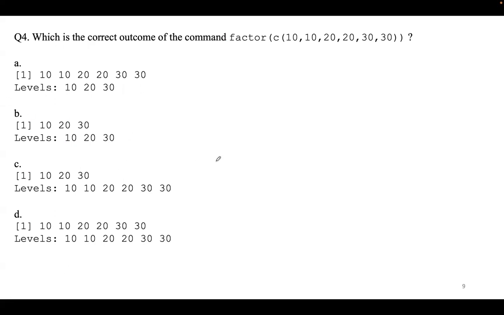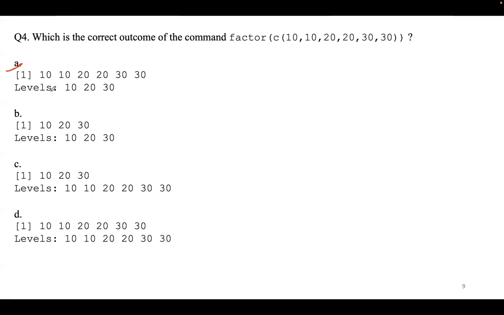Which of the 4? A? Are you sure? Are you sure it's not C? Yeah, okay. Just messing with you all. So yes, the correct answer is A. So the first line is exactly the same as what you fed it.